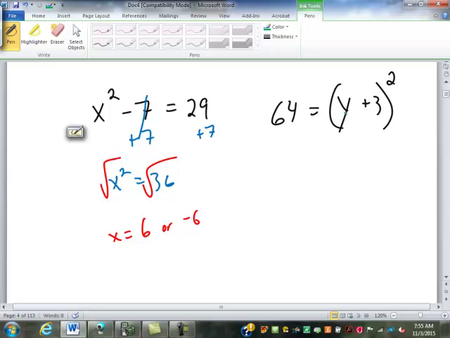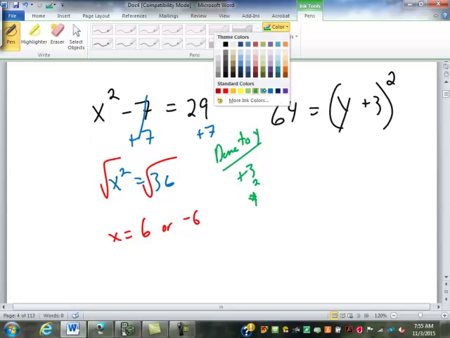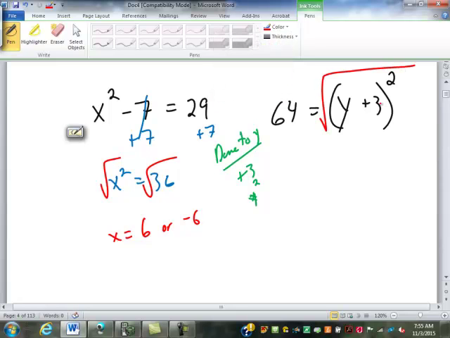So because of the enclosing symbols, what was done to y when this was built was adding 3, and then it was being squared, right? So when we take this apart, the first thing we have to do is square root that. So the square root of y plus 3 squared is just y plus 3. It gets rid of the squared symbol.